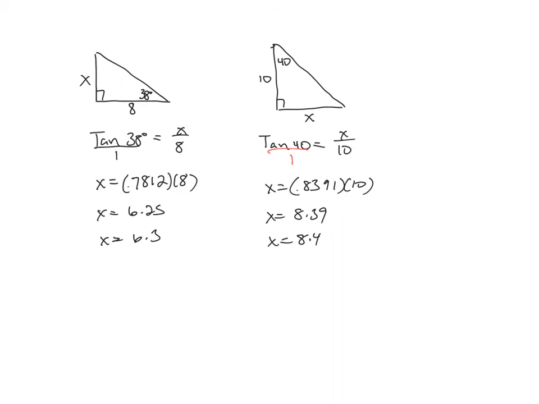You could have, and you will have, something like that. You say, okay, I know 62 degrees, and opposite is 12 and adjacent is x, so that's tangent.